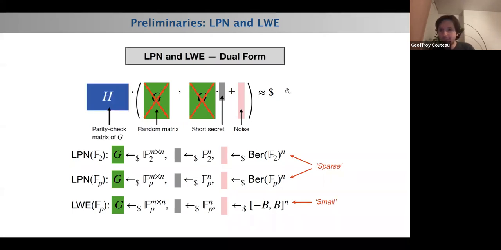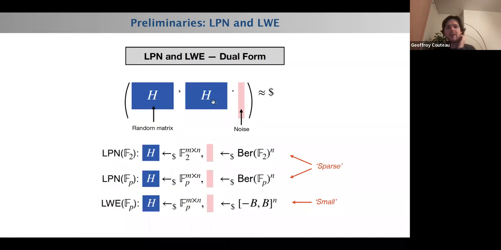And I said primal form because you can also consider a dual form for LPN and LWE. In coding terms, you can view G as a generator matrix of some linear code, and you can multiply it on the left by its parity check matrix, which will cancel the matrix, and then you'll be left with only some random but now compressive matrix H. And your assumption is that if you multiply this compressive matrix H by a noise, which can be sparse for LPN or short for LWE, then you get something that looks random.